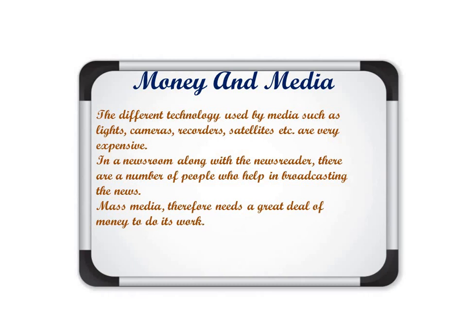Okay, so now the question arises: from where do they get that money? What is the way? One of the basic ways we'll discuss now, just a little bit: media uses a number of ways to earn money.